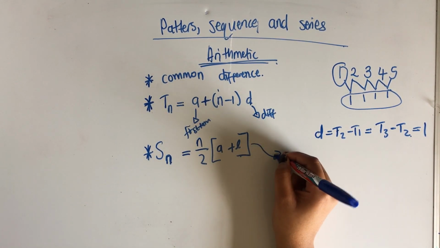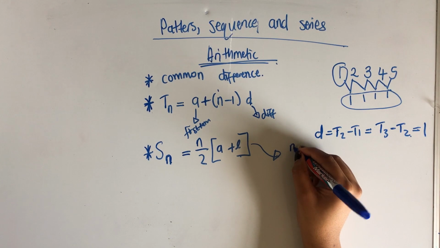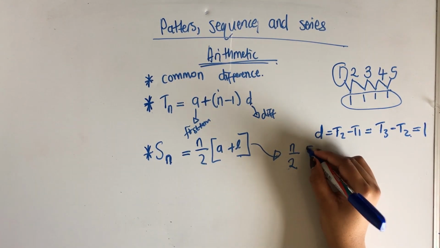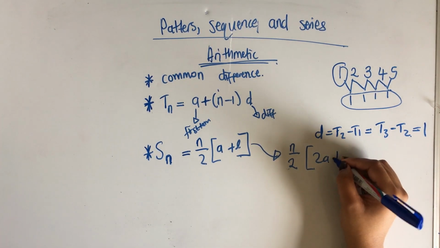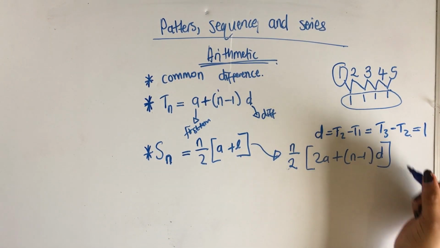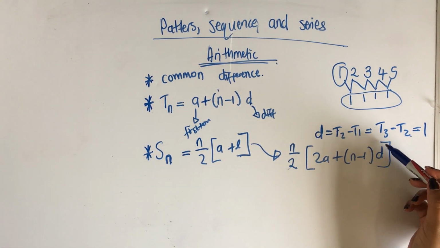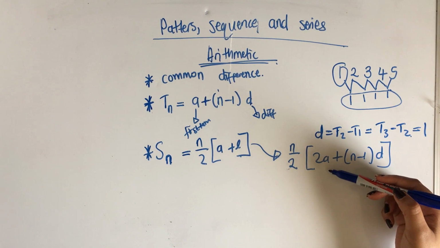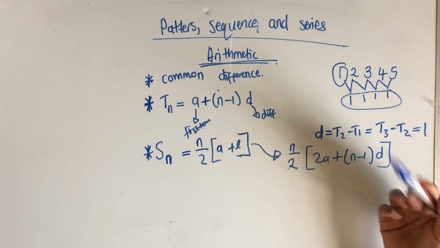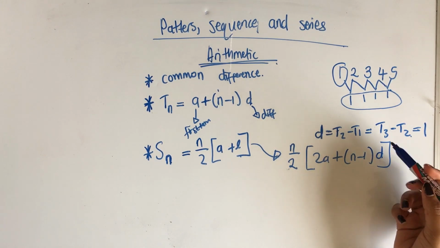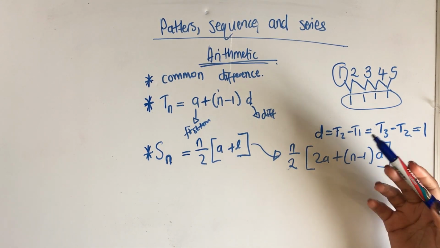This is the same as saying n over 2 times (2a plus (n minus 1) multiplied by d), where d is your difference, a is your first term, and n is whatever term number they want, and then you will get your answer.